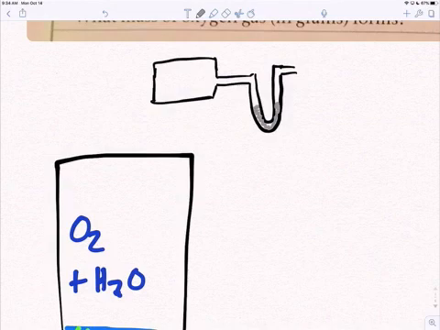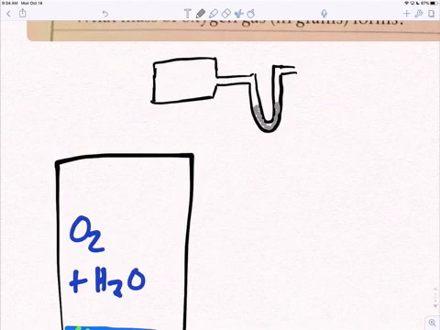Right now, the ambient pressure is the same as the pressure inside the container. Let's say we draw a vacuum.